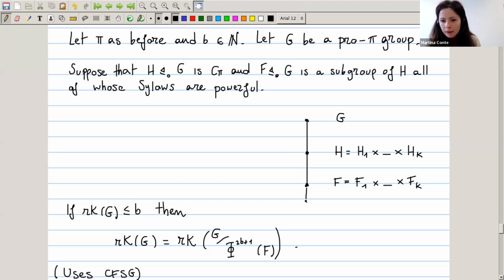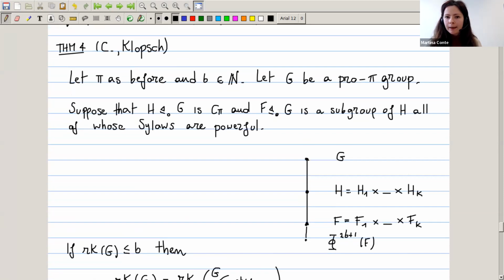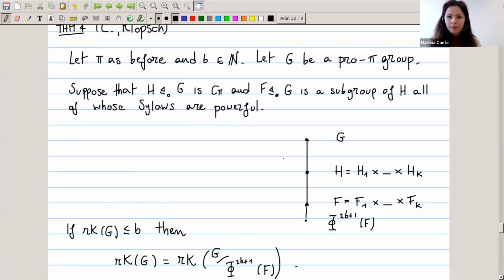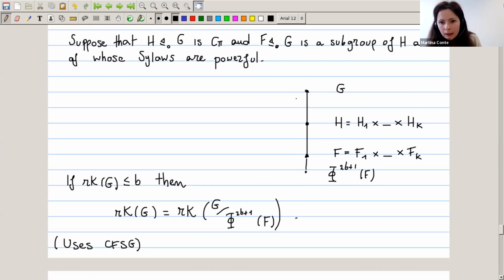Now, if we go even further down, we take an iterated Frattini subgroup of the subgroup, where the number of iterations B will depend on the bound of the rank.